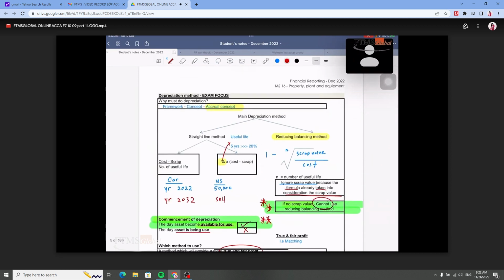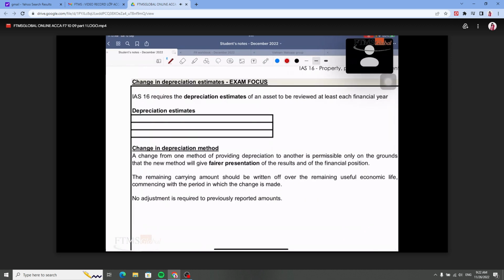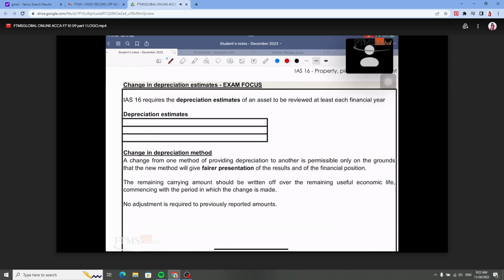Okay, then next we talk about change in depreciation estimate. Firstly, we must know what the elements of a depreciation estimate are. You see 3 boxes here, so there are 3 elements to a depreciation estimate.